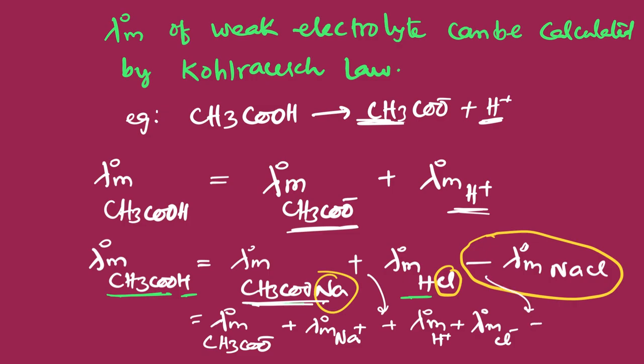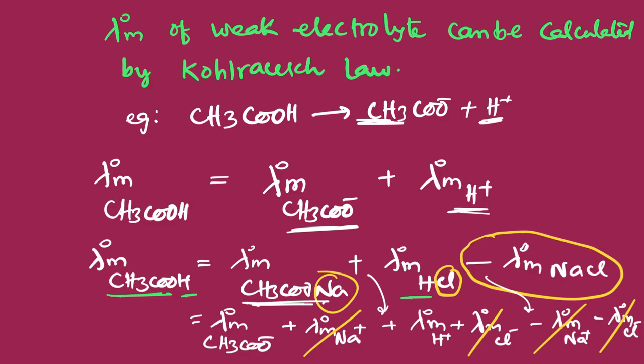This minus lambda naught M Na plus, minus lambda naught M Cl minus. Now what will happen? This positive Na plus and negative Na plus cancel out. Positive Cl minus, negative Cl minus cancel out.